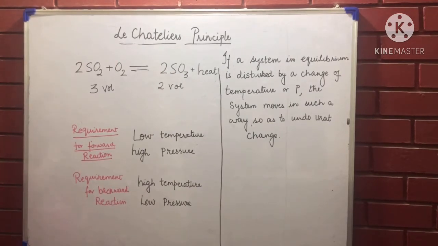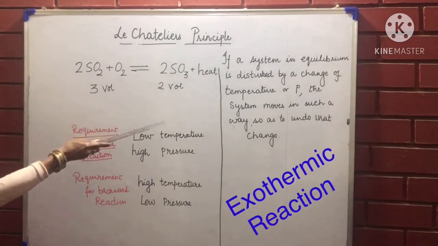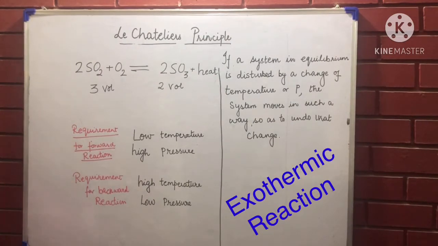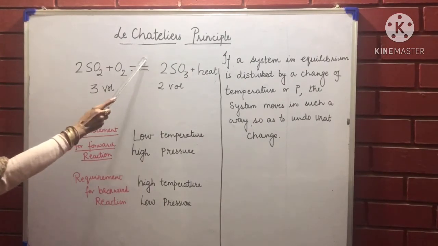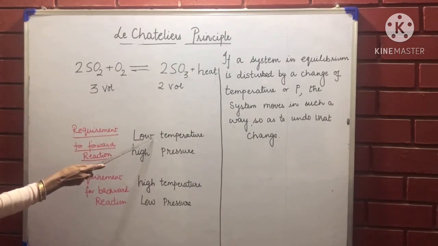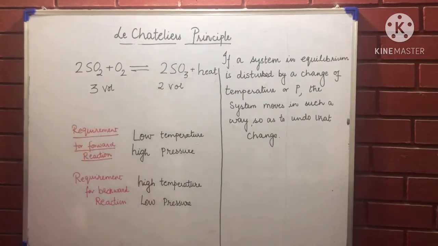You have, I think, learnt in class 10 also that the catalyst in this is vanadium pentoxide, which is preheated, and after that the external source of heat is removed because heat is produced during the reaction. If the reaction already has heat, we don't need to supply any more heat. So if I want to make the reaction move in the forward direction, I must give it low temperature because heat is already being produced.